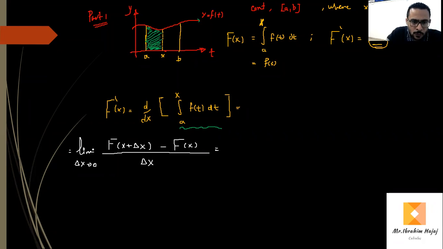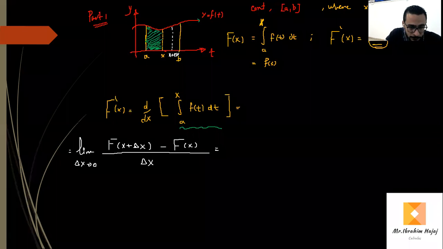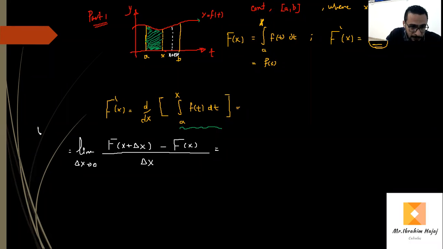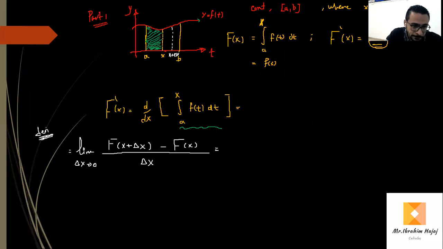So what is x plus delta x? Here is x, plus delta x, which places x plus delta x after x, and a before b. This is the definition of the derivative.